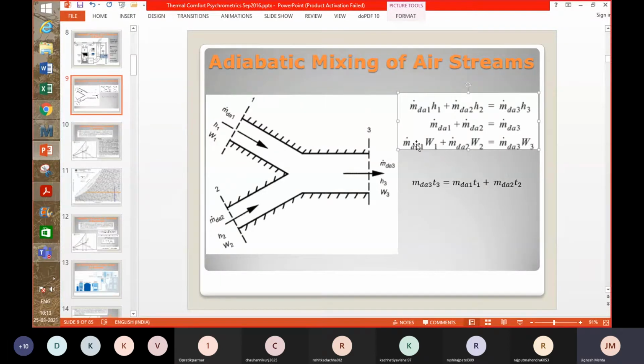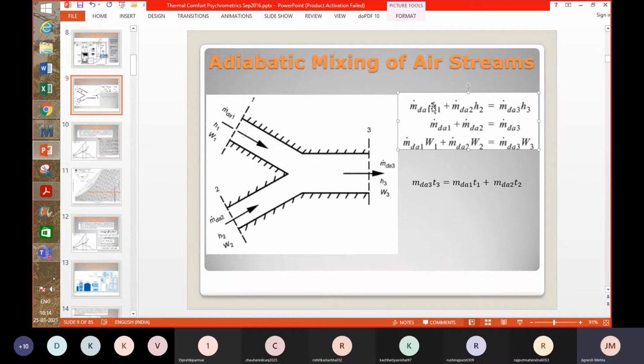When you do that, what you get is kilogram of water per second, right? That will be the unit here. So basically, this is nothing but the moisture balance. The rate at which you are getting moisture from stream 1 and the rate at which you are getting moisture from stream 2, there is no moisture loss. So stream 3 will have this much amount of moisture, right? That is the moisture balance equation.